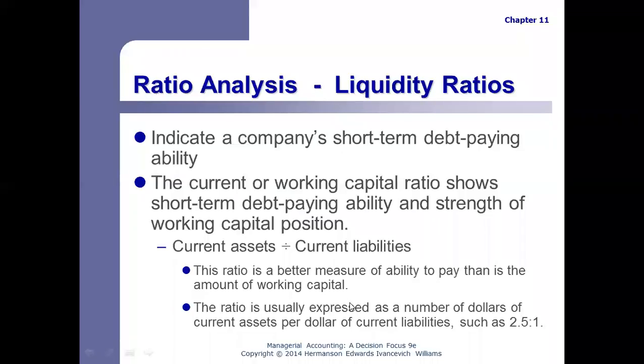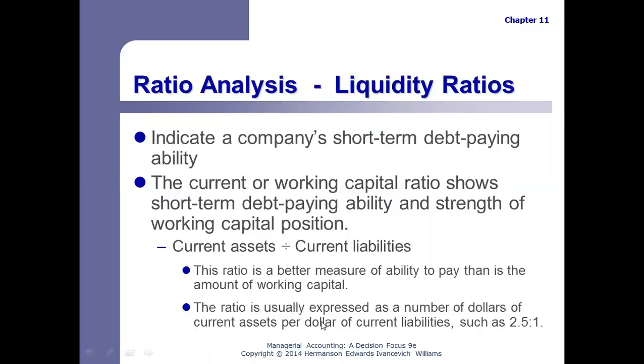So divide the amount of current assets, so either cash or things that are convertible to cash within a year, by current liabilities. So for example, 2.5:1 means 2.5 to 1. There's 2.5 times as many current assets as there are current liabilities. So in other words, you've got 1.5 times more resources to pay your debts.